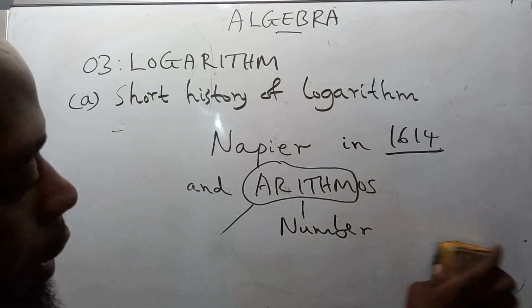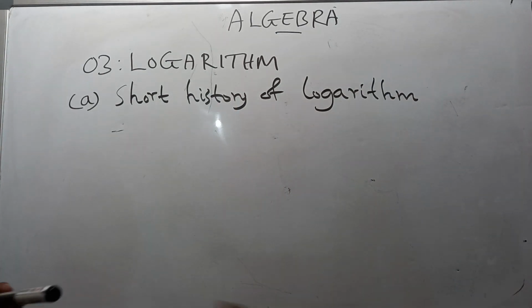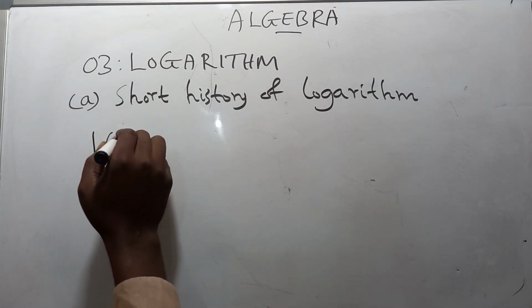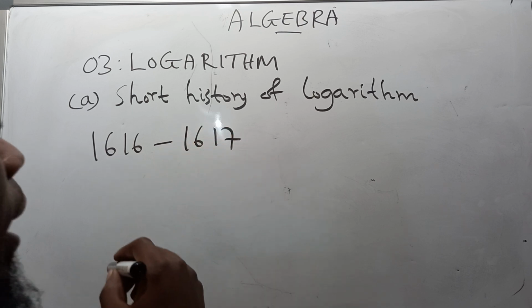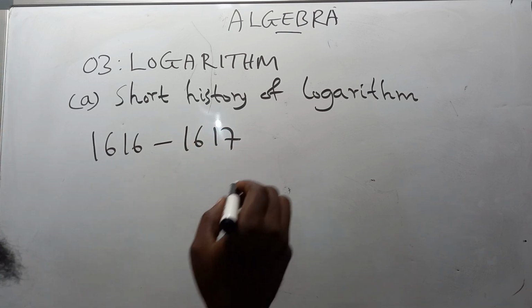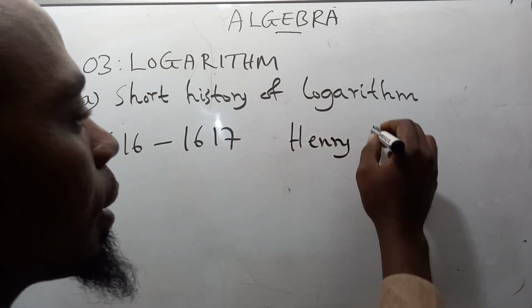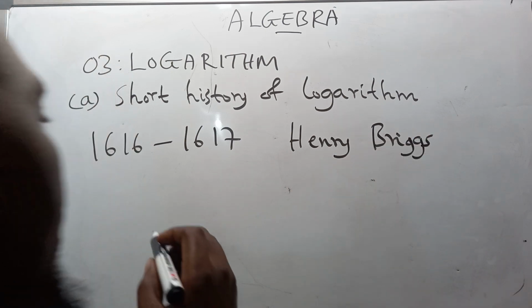And in 1616 up to 1617, an English mathematician known as Henry Briggs visited John Napier.